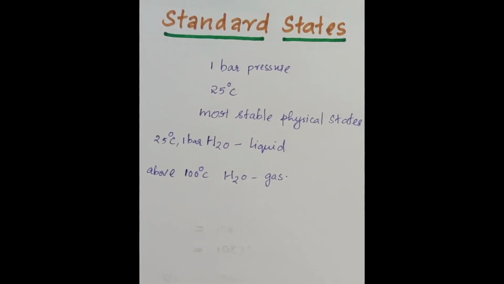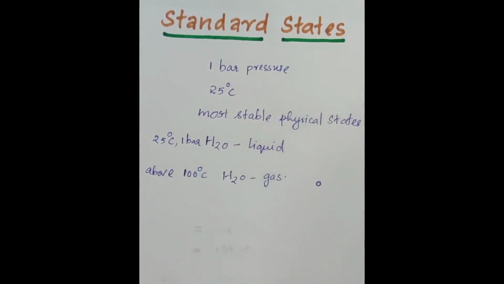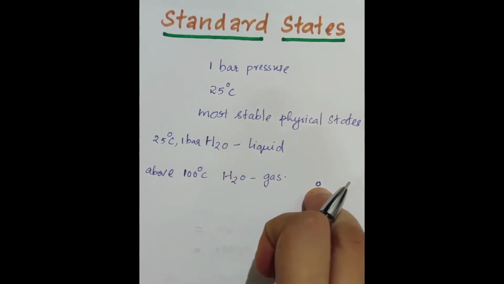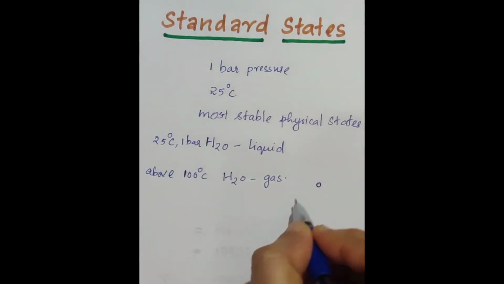For any thermodynamic quantity, the standard state is represented by writing a prefix term to the particular thermodynamic variable. Suppose we take one thermodynamic variable, enthalpy change.